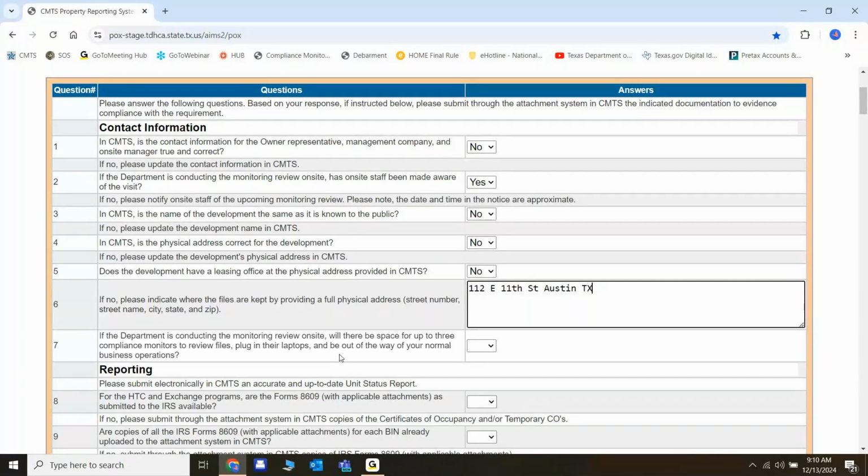Is there space for us to set up our laptops, plug in our laptops to keep them charged, and get out of your way so you can continue to have normal business operations?